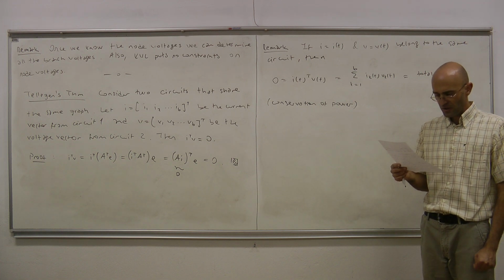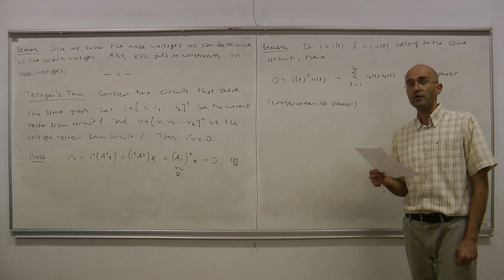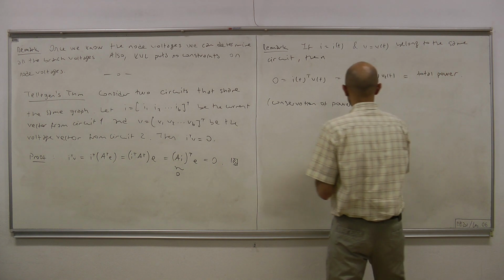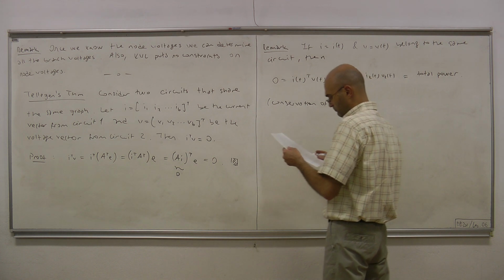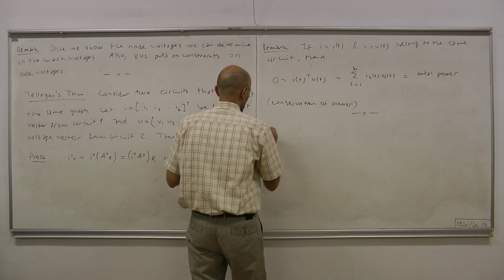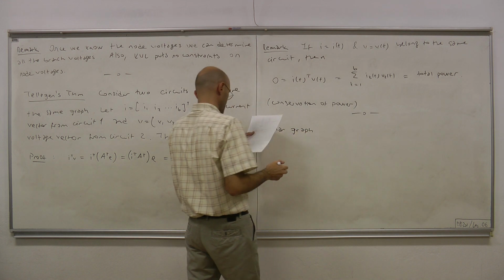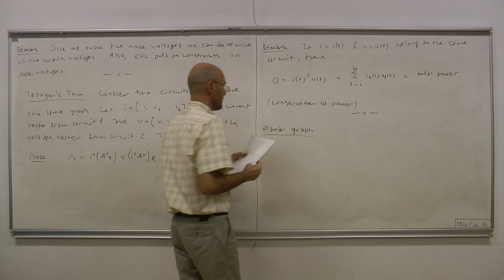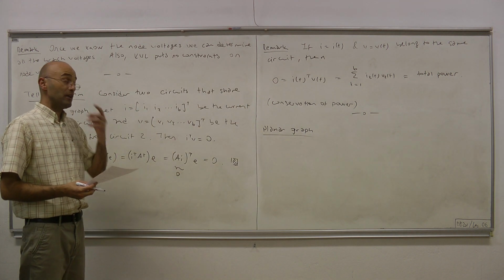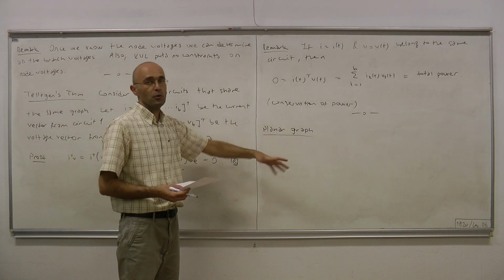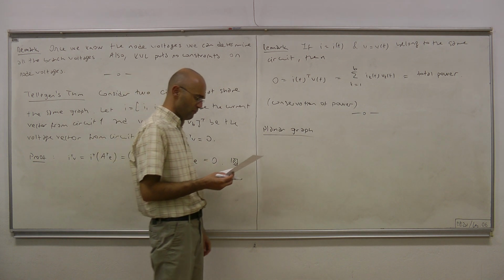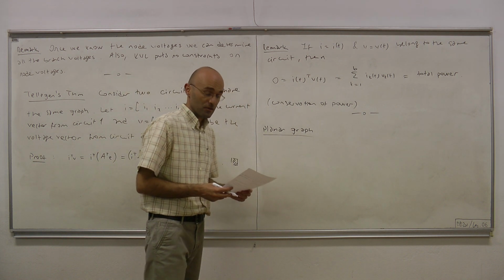And our first definition is the definition for planar graph. Planar graph, okay. A planar graph is a graph that you can draw on a board, let's say, or on a piece of paper without any crossings.